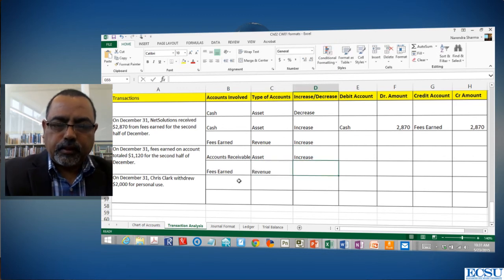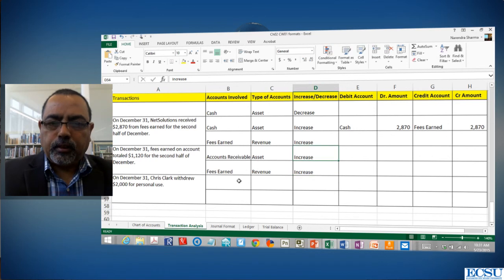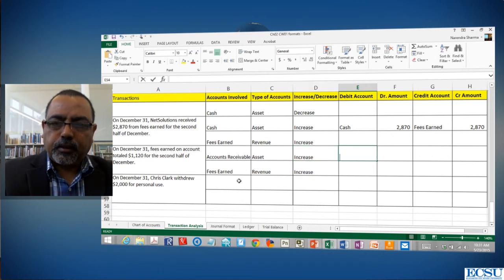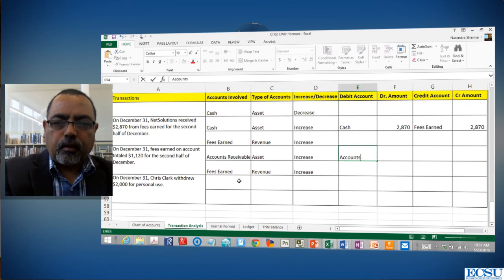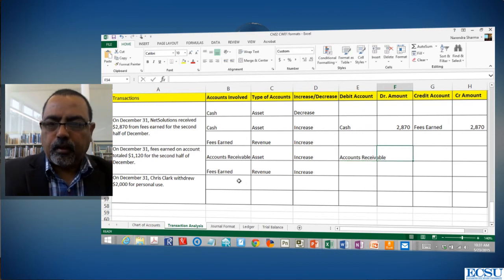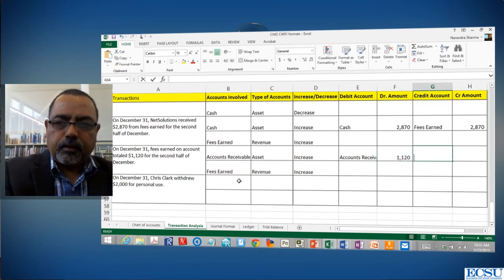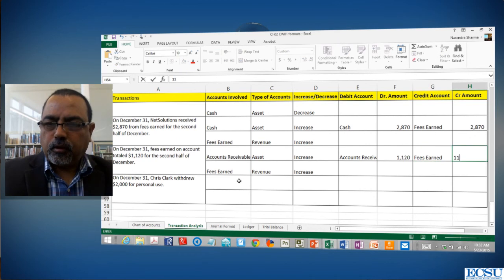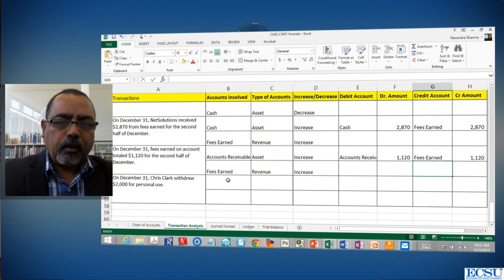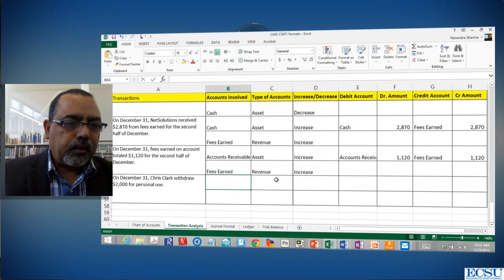It is increasing. The rule is if the asset increases, that should be debit. So that's why I'll be debiting accounts receivable, and the amount would be 1,120, and I'll be crediting fees earned 1,120.